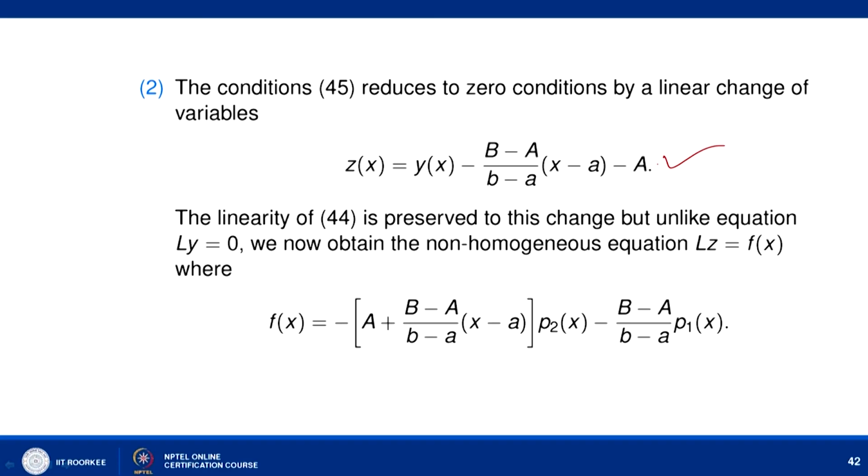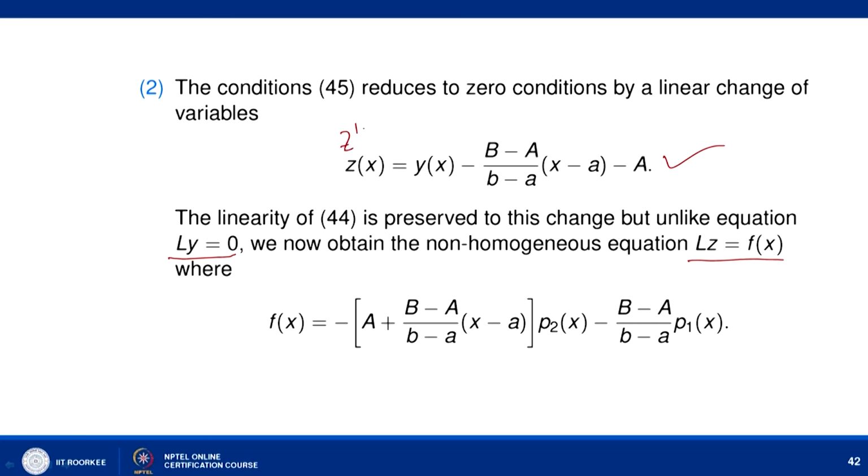But if we do this, then our problem will also change. The problem is initially given as Ly equal to 0, and is now changed to something like Lz equal to f of x. So how can we look at this? z of x is given by this.